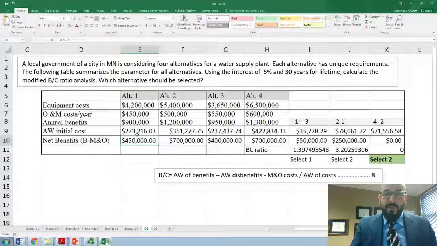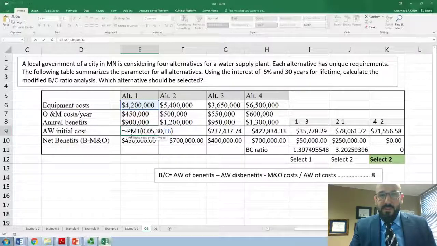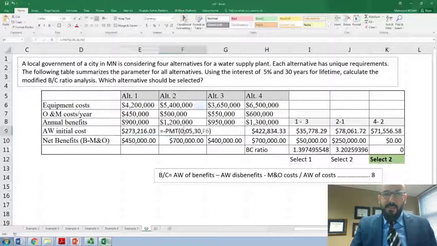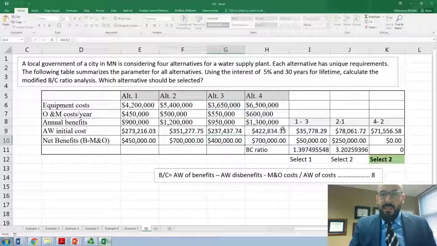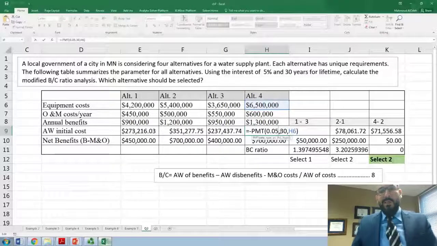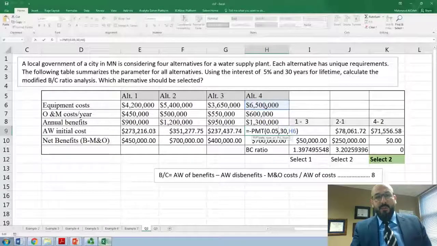And make sure to reverse this function, because in the BC ratio, we have to have all positive numbers in the equation. And I did the same thing for alternative 2, alternative 3, and alternative 4. Again, we use the PMT function to calculate the equivalent of this present worth, for example, of the 6.5 million. What would be the equivalent?